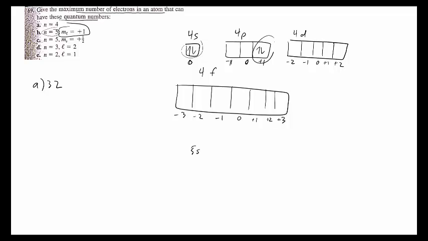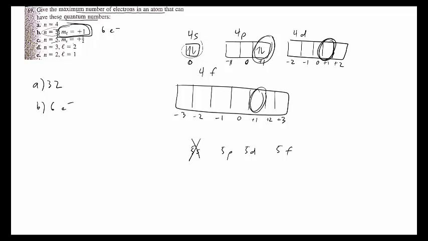So 2 there, and then there could be 2 there, because you could have a 5s, a 5p, a 5d is possible, and a 5f. But this doesn't count because they gave us a plus 1 here. So the possible electrons 2, 4, and 6. So there's 6 on B.